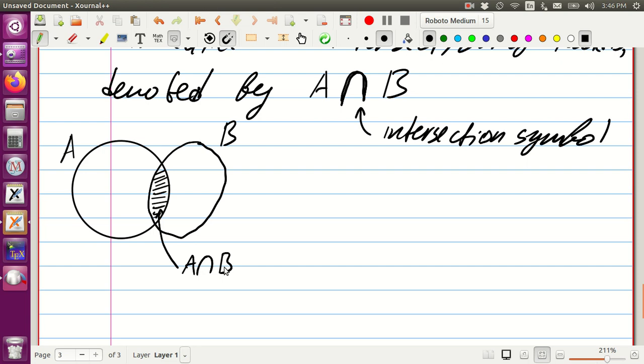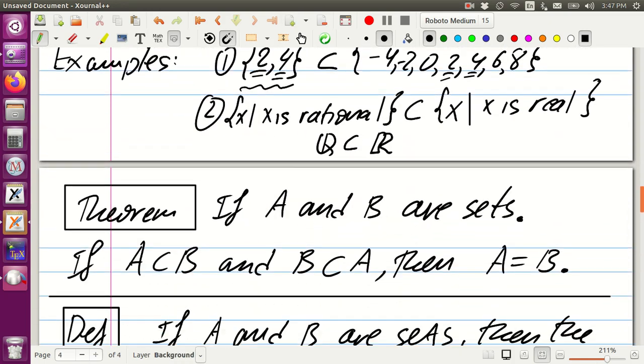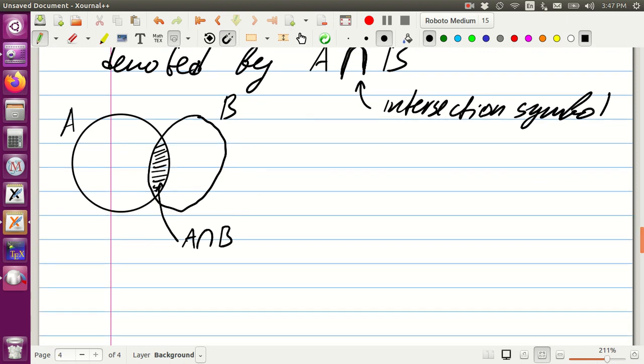Since we're talking about intersection, probably it's worth defining also a similar idea, which would be called union. And then do examples.